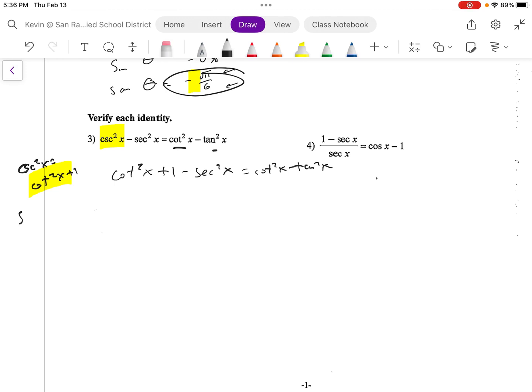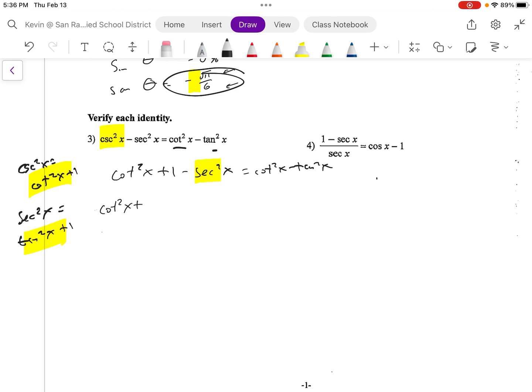And then I'm going to use the fact that secant squared x equals tangent squared x plus 1. So again, using the Pythagorean, I'm going to put this in here for here.